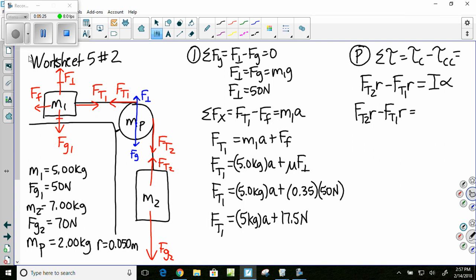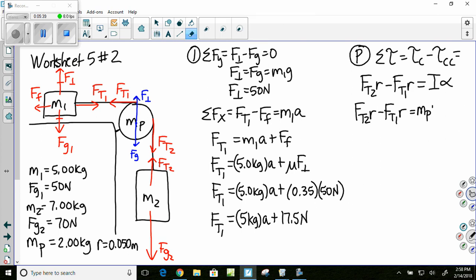It's mr squared. That's the mass of the pulley though, so I want to put mass of the pulley times R squared.